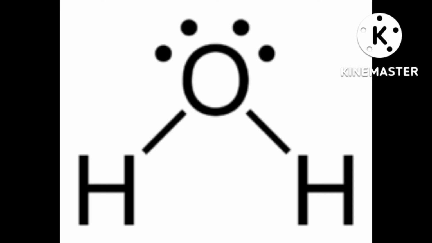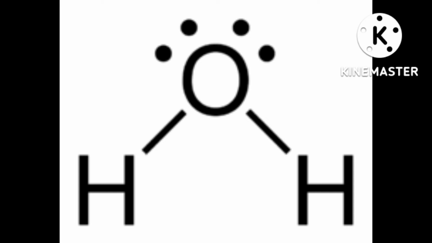You can write 1 up, 1 down, 1 left. Like that way, carbon. Carbon has 4 electrons in the outermost orbit. Then 4 dots: 1 up, 1 down, 1 left, 1 right. Dot means it is representing electrons.